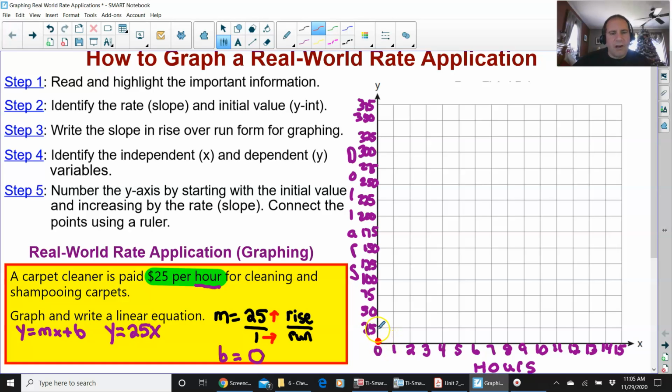And then rise of 25, run of 1. Rise of 25, run of 1. And you keep on going up like that. You see how easy it is to graph this when you do use the slope and the rate to create the numbers that you're using on that y-axis.